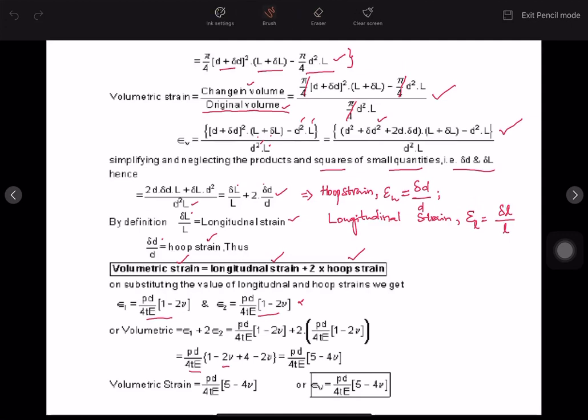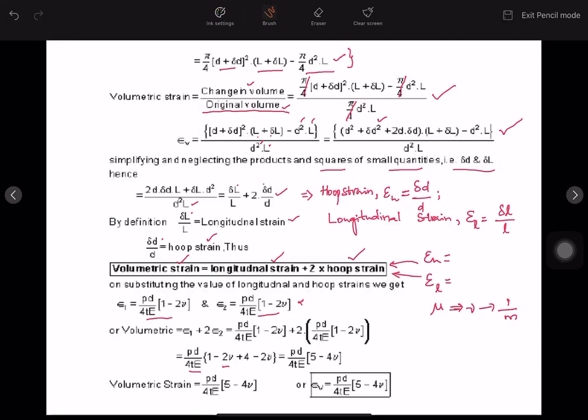Already you know epsilon h and epsilon L values, you simply substitute those values here. PD by 4TE into 1 minus 2 mu, and here mu is written as nu. Poisson's ratio can be written as 1 by m also, so no need to get confused.